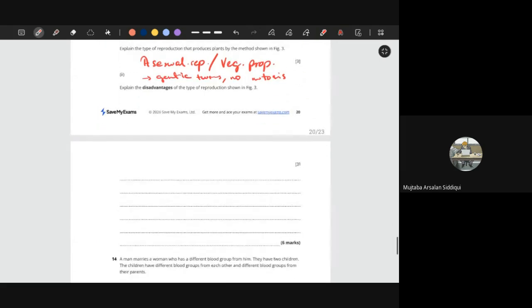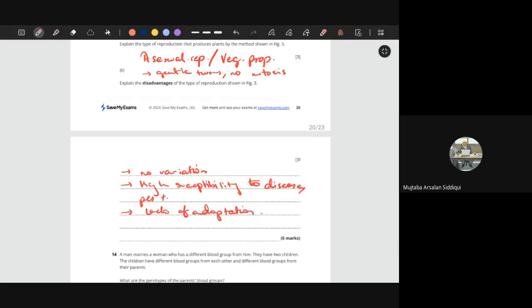The problem with this would be there is no variation, right? There is high susceptibility to disease, right? Because they're not adapting to disease or pests, right? What else? There is a lack of adaptation, right?